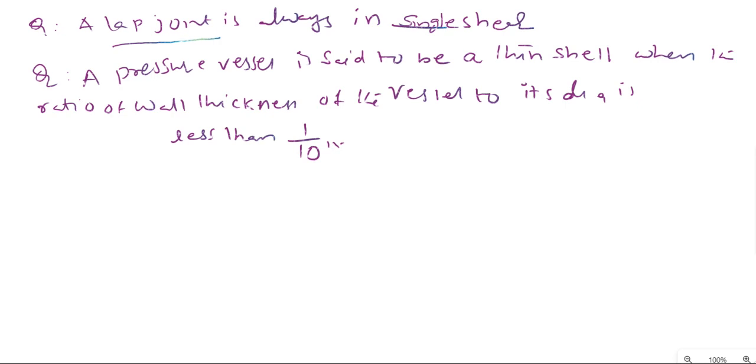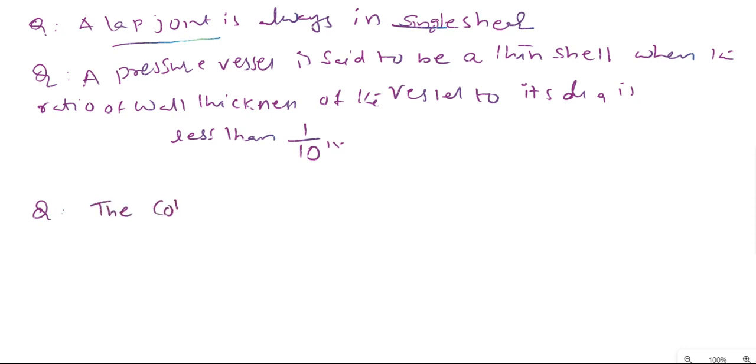So the ratio between wall thickness and diameter is always less than 1/10. Then only we say that it is a thin cylindrical shell. This is the second question.